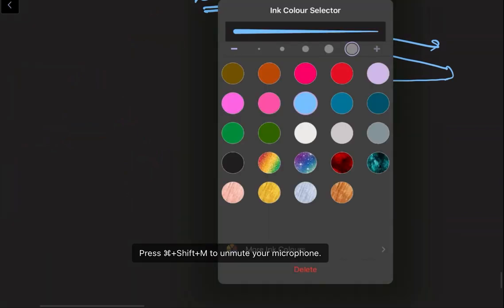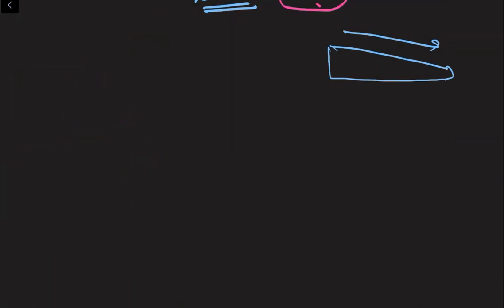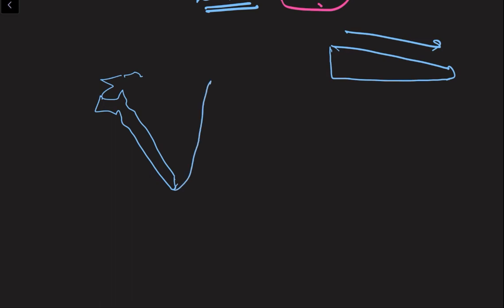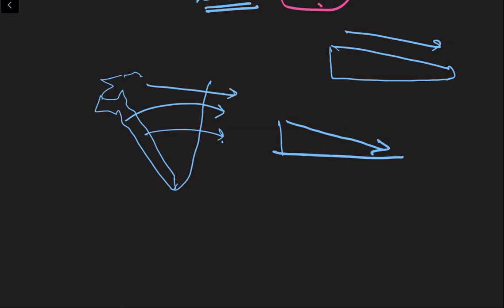Just to clarify again: when this part was broken, the Indian plate turned here. That means its slope is now in this direction.